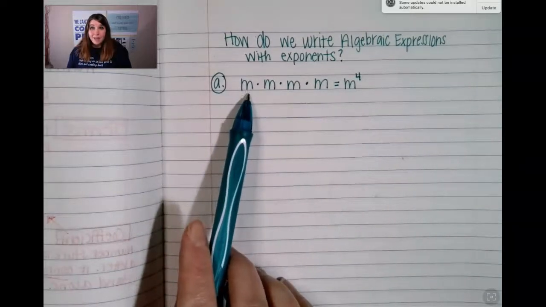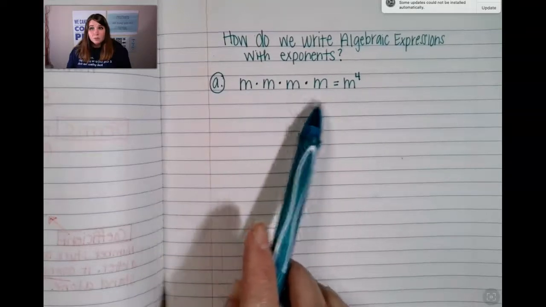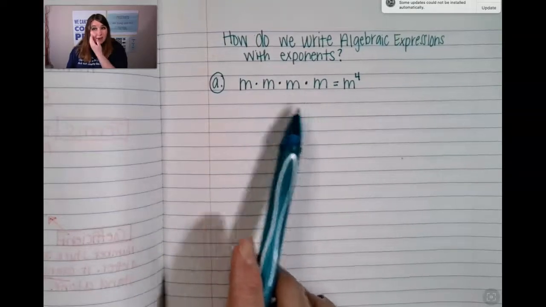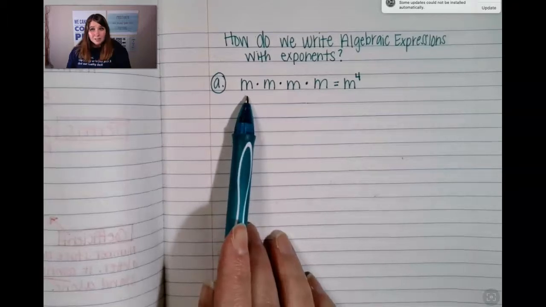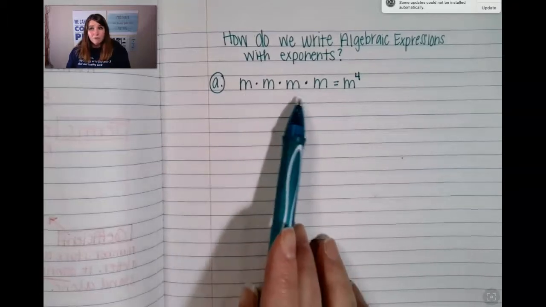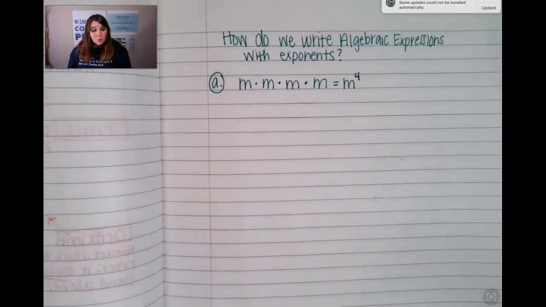M could be for milk: 1 milk, 2 milks, 3 milks, 4 milks. We could have milks that are $5 a piece, 5, 5, 5, and 5, and we would have to multiply each of those. So we don't know how much the milk costs, but we do know that it is M to the power of 4. Same way as you would write exponents with numbers, except there's letters.